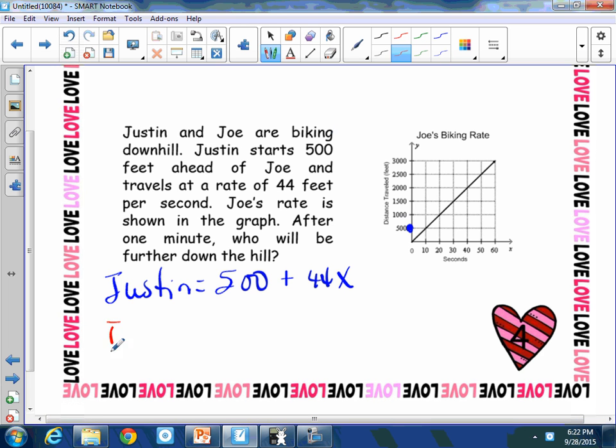Joe starts at 0, so my y-intercept would be 0, so I don't need to say plus 0. But let's do his rate of change. In 10 seconds, he's able to go 500 feet. So if we do y divided by x, the change in y divided by the change in x, which is how you calculate unit rate or slope or rate of change, we get the y is 500.